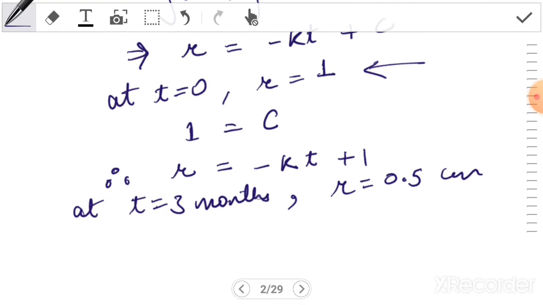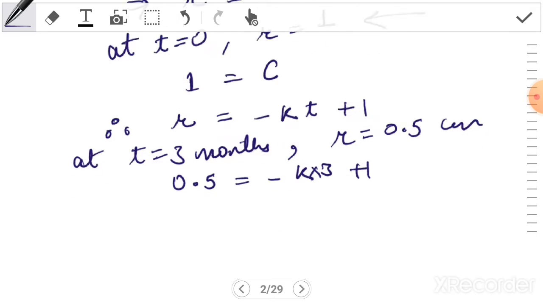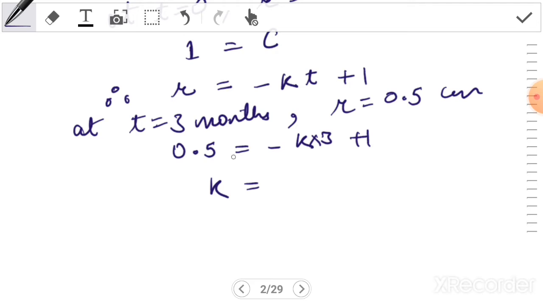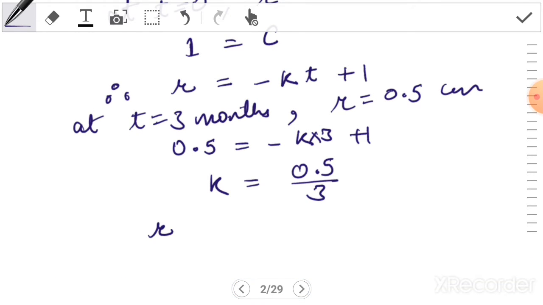Now let us put these values in here. So 0.5 is equal to minus k times 3 plus 1. That means k is equal to minus 0.5 by minus 3, that is 0.5 by 3. So we have the final equation as r is equal to minus 0.5 by 3 times t plus 1.